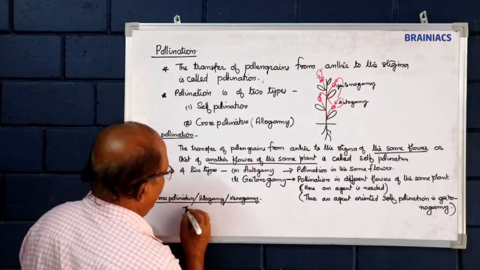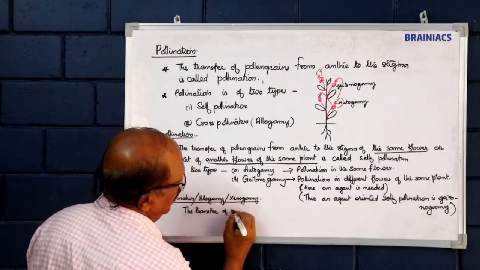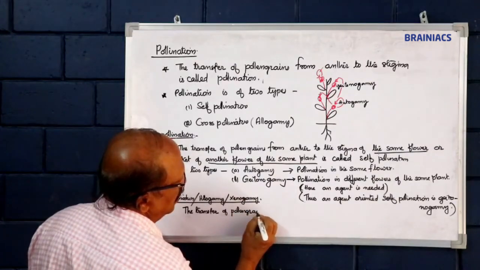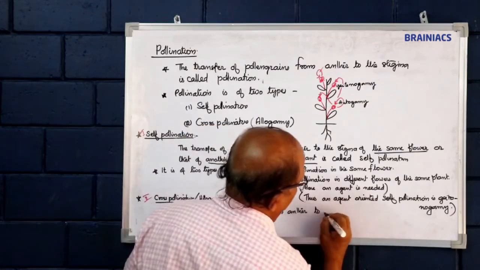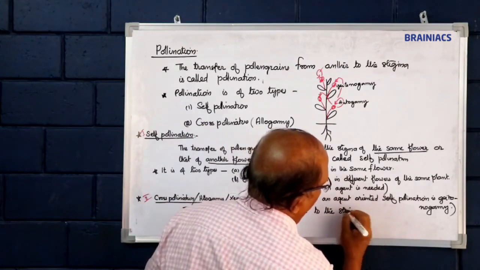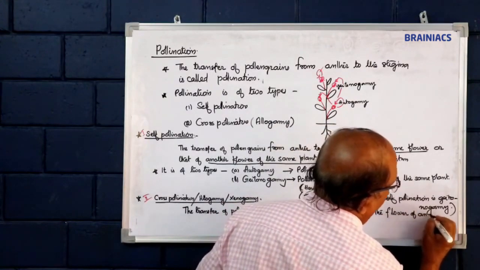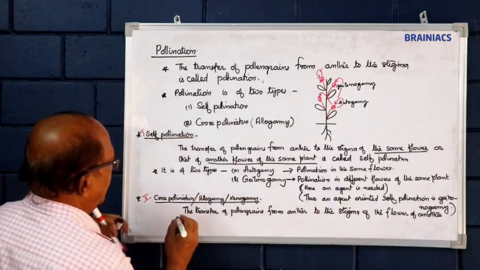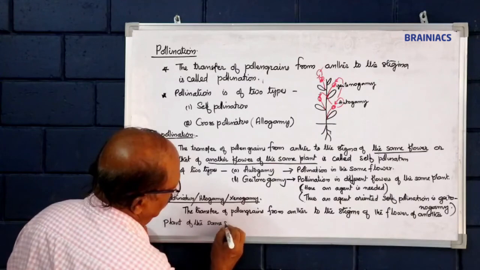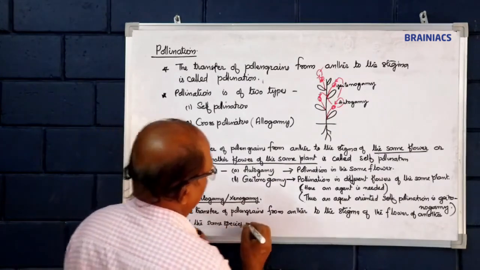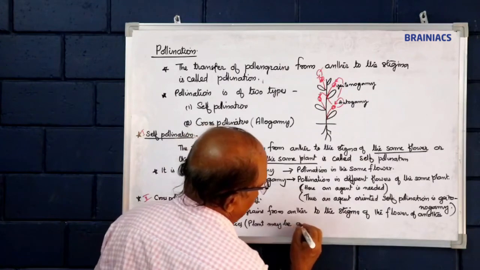So the transfer of pollen grains from anther to the stigma of the flower of another plant of the same species. The plant may be genetically different.